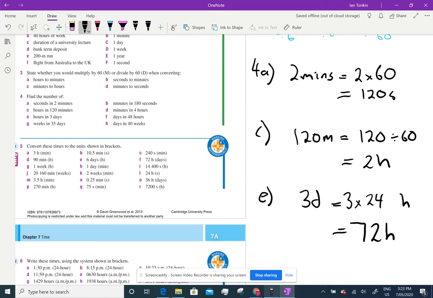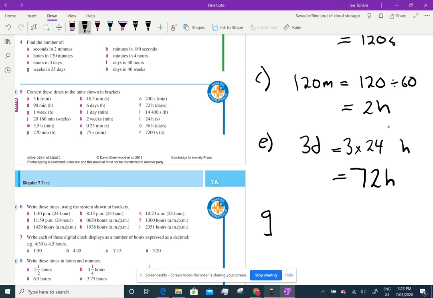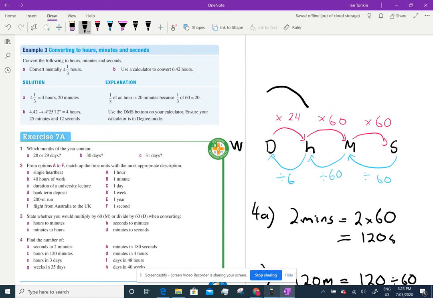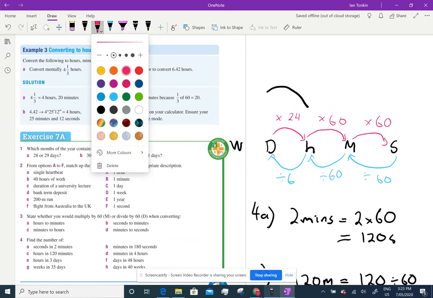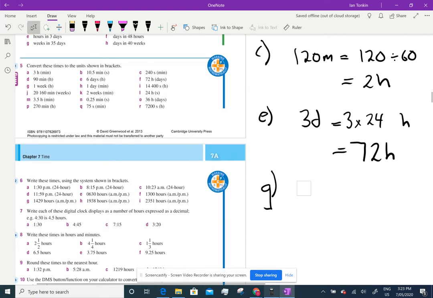The last one there is how many weeks. And this is one I said we didn't have, but I'm going to add it. So weeks, I'm going to put it here. There are 7 days in a week. So if I'm going from weeks to days, I'll times by 7. And if I'm going from days to weeks, I'll divide by 7. So what have I got in G?